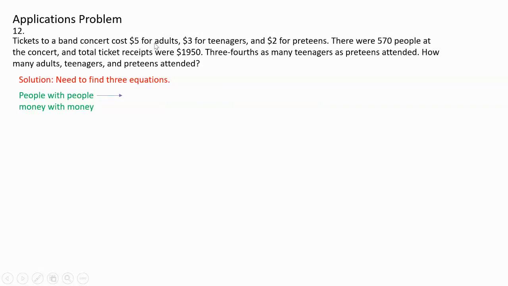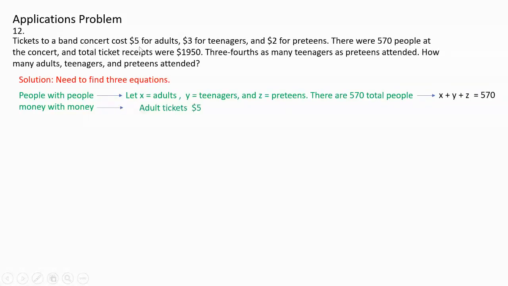So since this is first, we're going to let x equal adults, y equal teenagers, and z equal preteens. And there were 470 total. So this equation will be x plus y plus z equals 570. Now let's do money with money. Since adults are $5, that's going to be 5x.